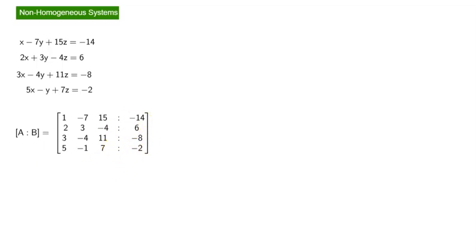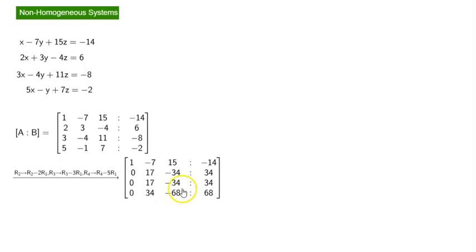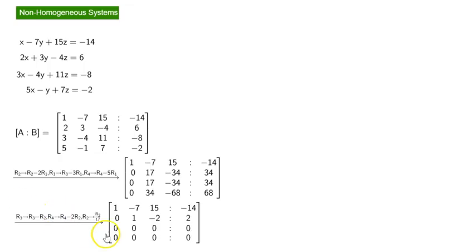Now we carry out the row operations, which brings us to this matrix. And if we carry out some additional row operations, we arrive at the reduced row echelon form.